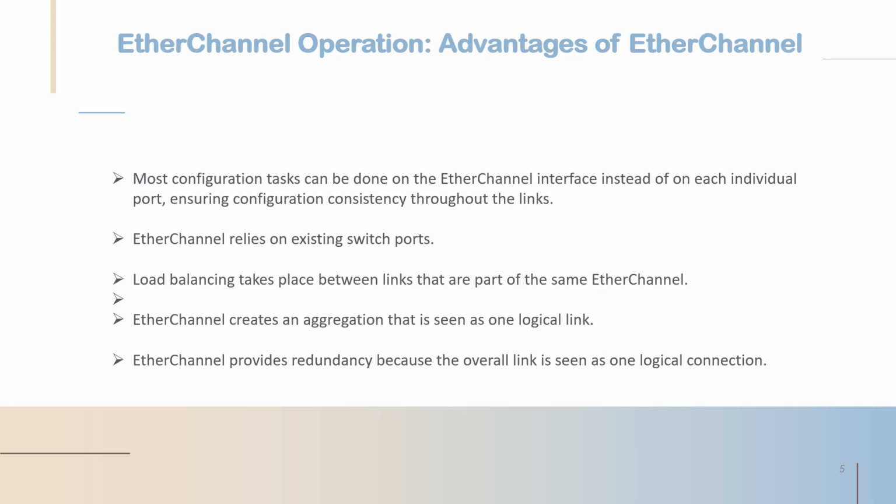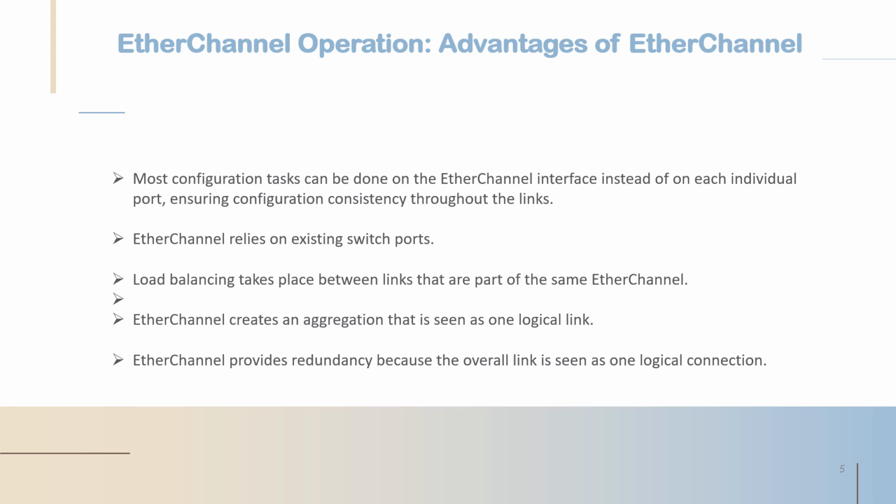EtherChannel provides redundancy because the overall link is seen as one logical connection. Additionally, the loss of one physical link within the channel does not create a change in the topology. Therefore, a spanning tree recalculation is not required. Assuming at least one physical link is present, the EtherChannel remains functional even though its overall throughput decreases because of the lost link within the EtherChannel.